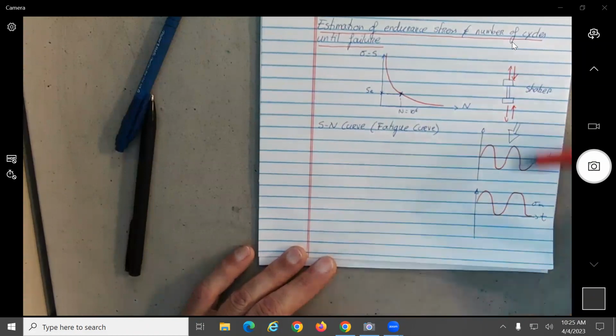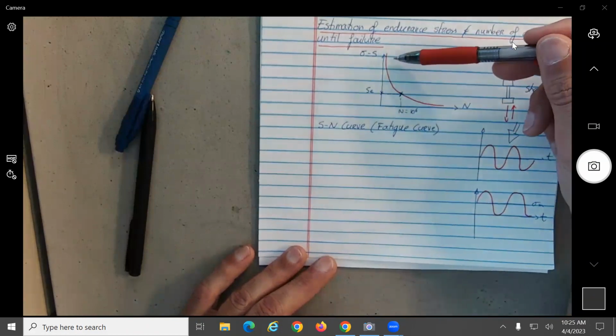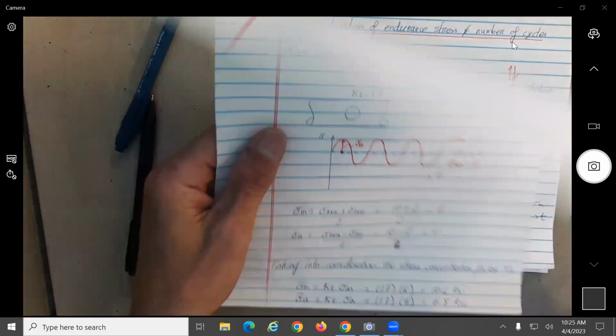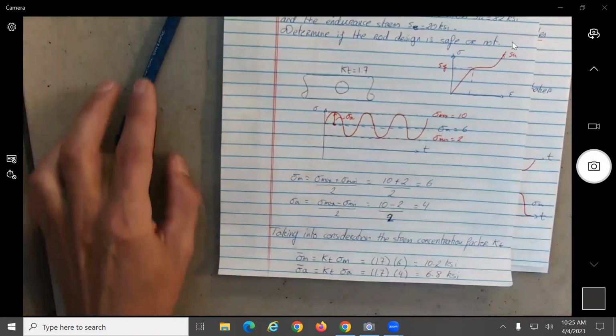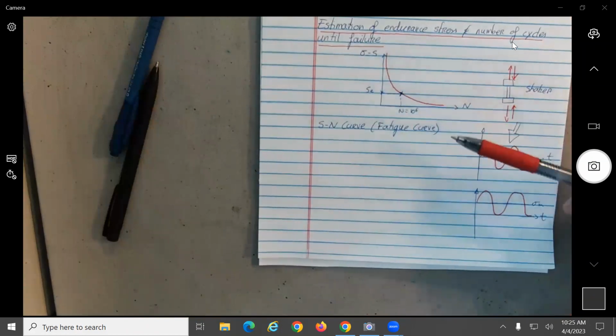Do you think the curve similar to this one for this case would be on top or on the bottom? Just make a guess, it's fine. Should it be under or on top of this curve? What will be your guess?